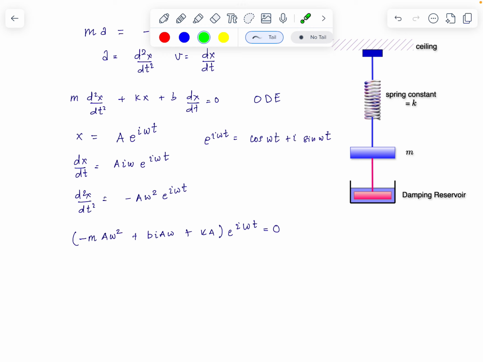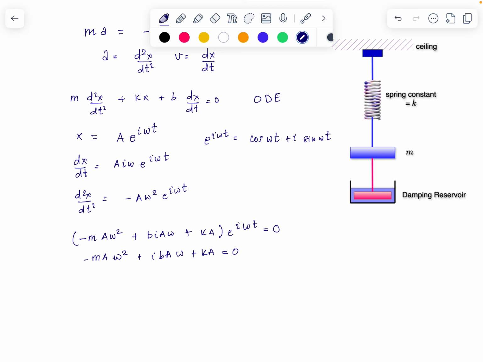So let's write it this way: minus m a omega square plus i b a omega plus k a is equal to 0. This is a quadratic equation in omega.